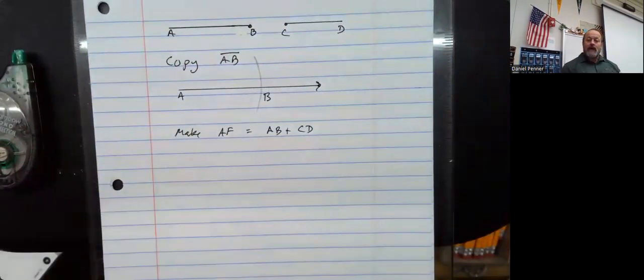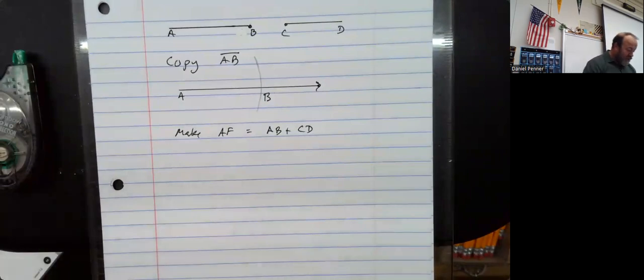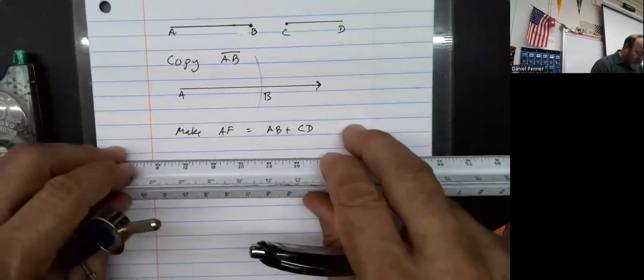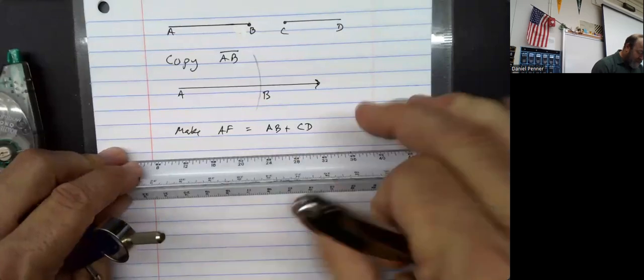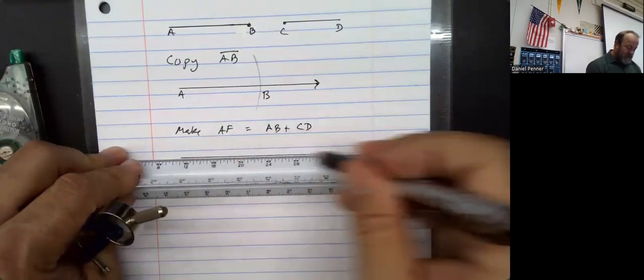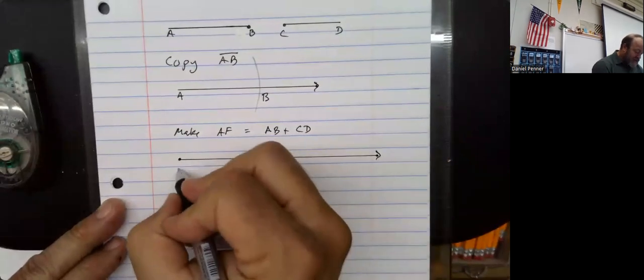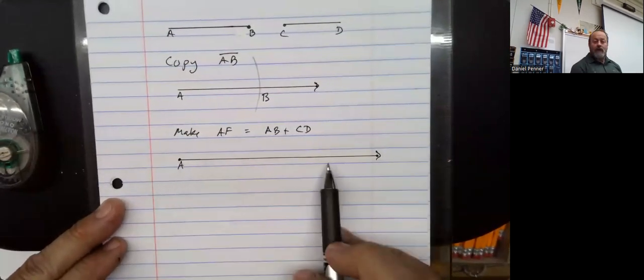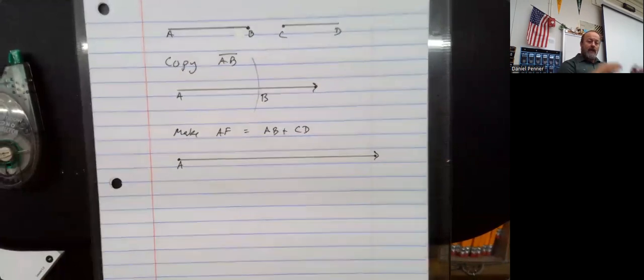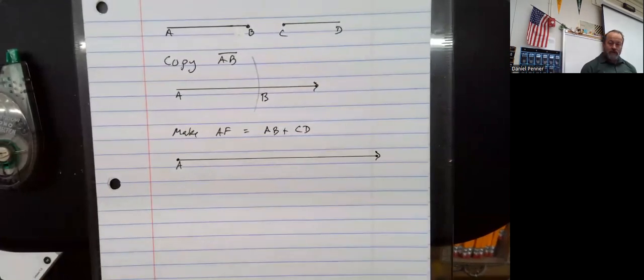So we're going to go ahead now and try to do that little addition thing that we did before. And so again, this is going to get longer because I'm starting with AB and I'm adding to that value. So we always start with a ray, and it says I want A, and I want to find out where that point F is, so that A all the way to F would be the same as those two added together.